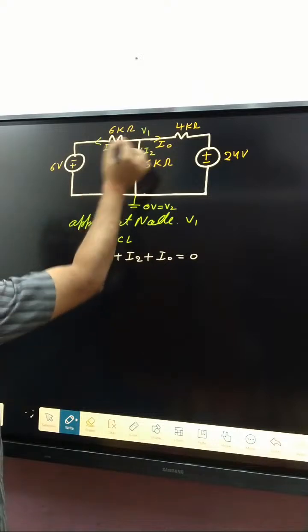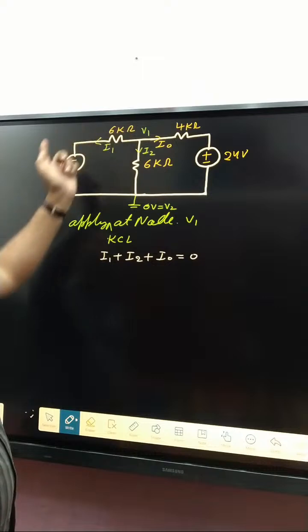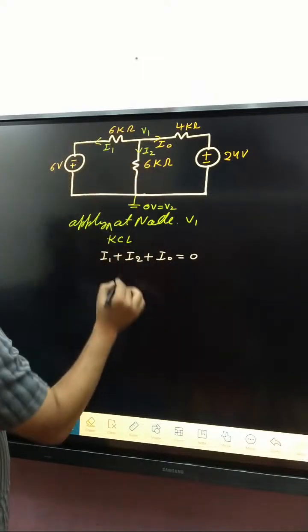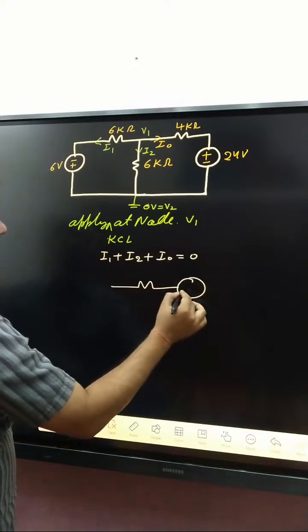How can we determine I1? What about the current? Suppose we simply consider a resistance R1 between V1 and V2, with a source E1 of polarity minus plus.